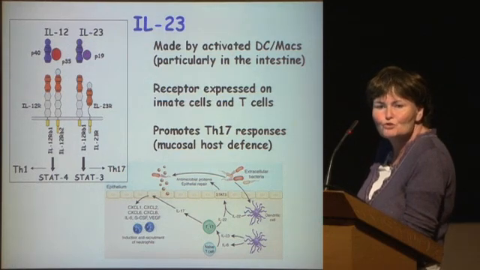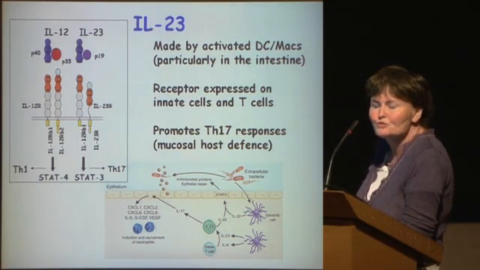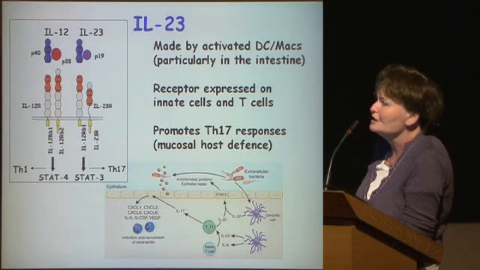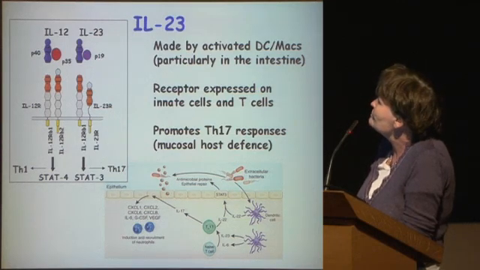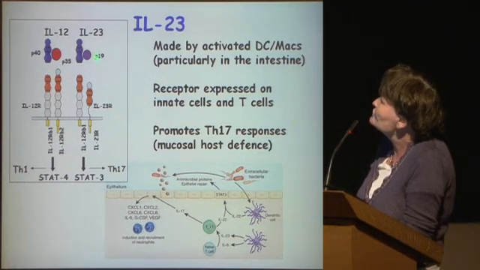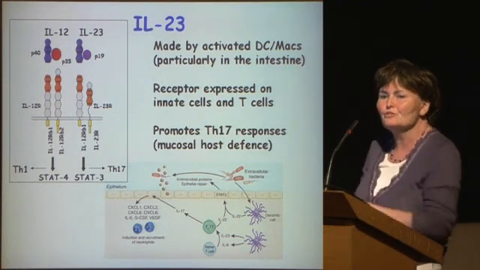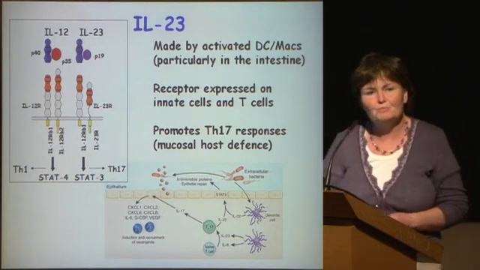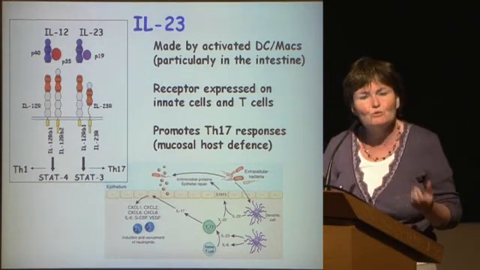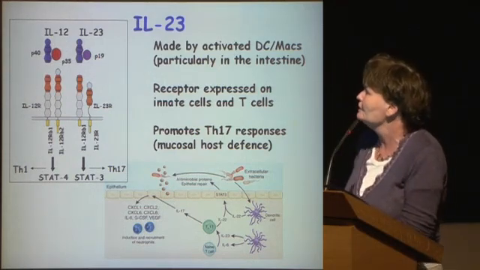There's a skew towards IL-23 production by myeloid cells in the intestine relative to other systemic sites. The IL-23 receptor, a component of which is shared with the IL-12 receptor, is expressed on T cells as well as innate immune cells. And we tend to think of IL-23 as being important in promoting Th17 responses.